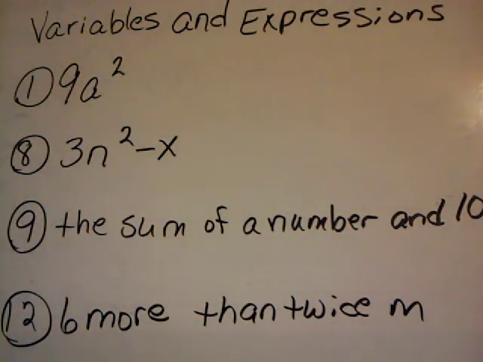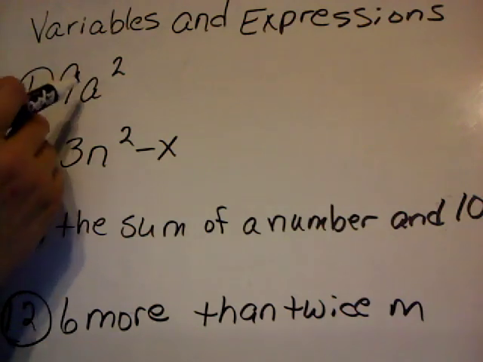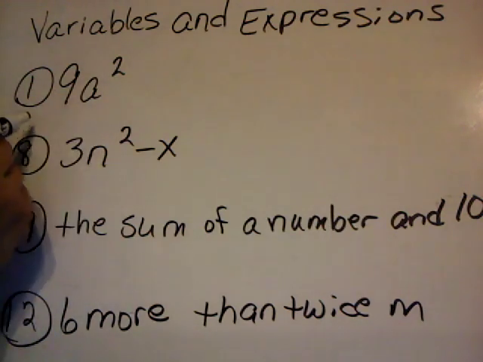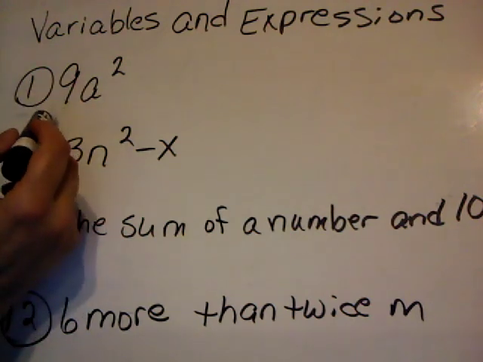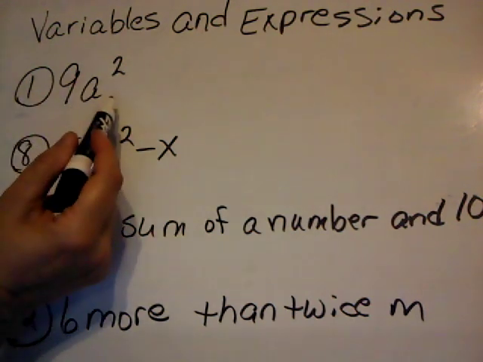Now, if you remember on page 6 yesterday, we had some different words for multiplication. We had product of, multiplied by, times. So I could either say 9 times a, 9 multiplied by a. I could say the product of 9 and a.